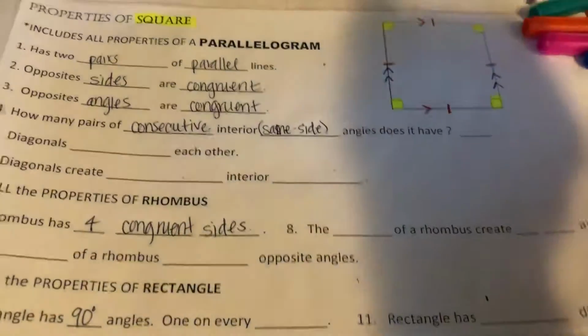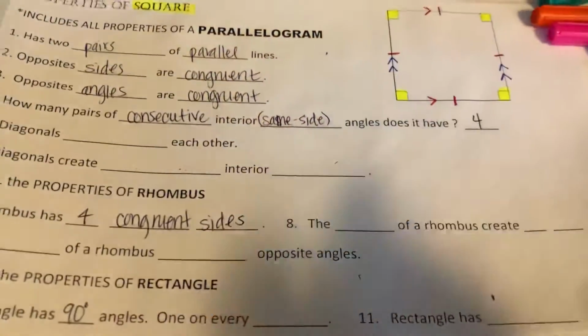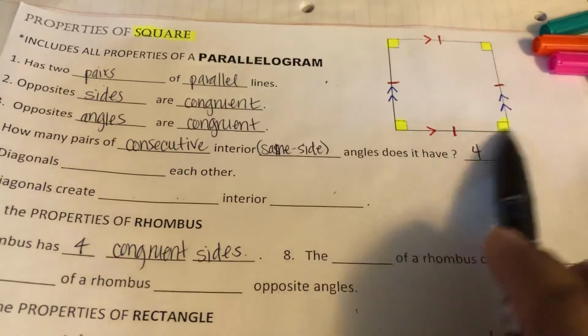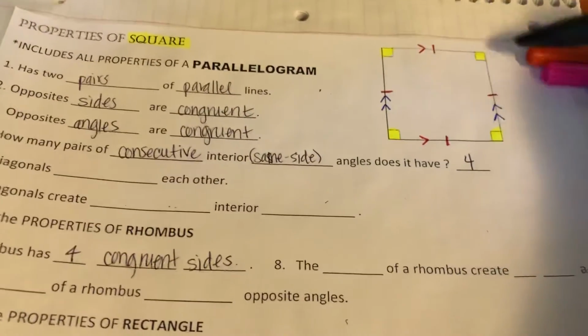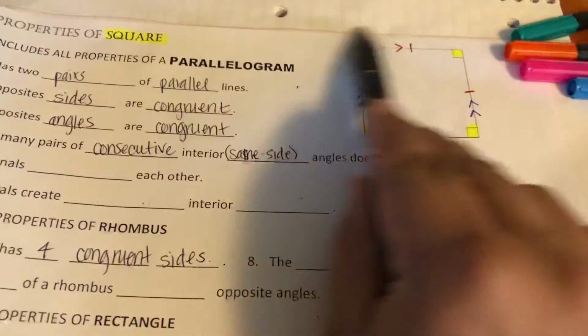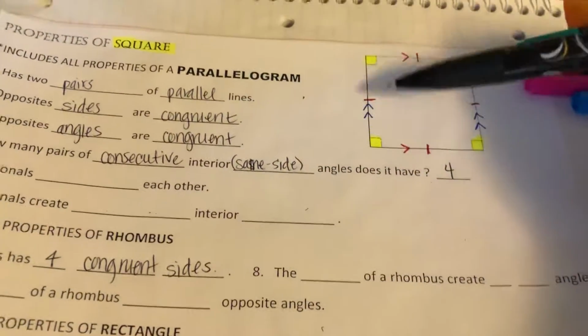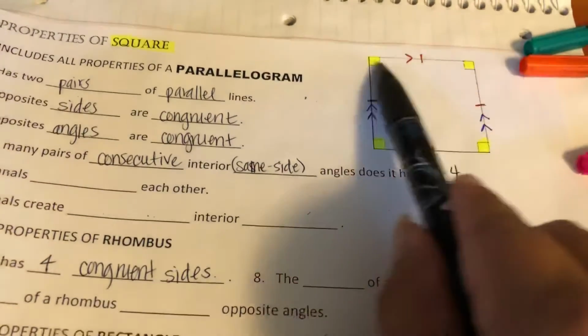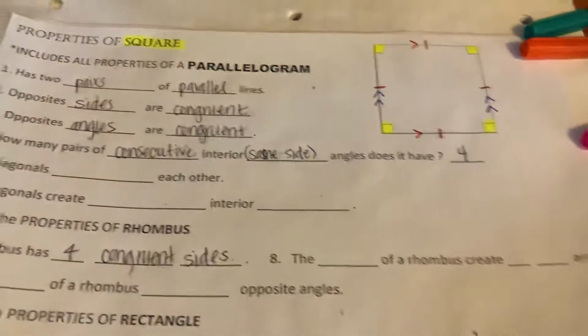It has four. Forgive me, I'm being distracted. If we add these two together, they are supplementary, 180. These are supplementary, 180. These are supplementary, 180. And these are supplementary. It has 4: 1, 2, 3, 4.